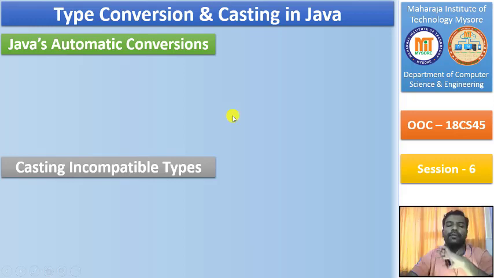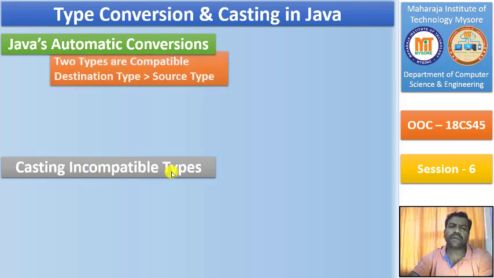We have automatic type conversion sometimes, depending upon what conversion it requires, and sometimes, due to incompatible types, we need to use the typecasting process.